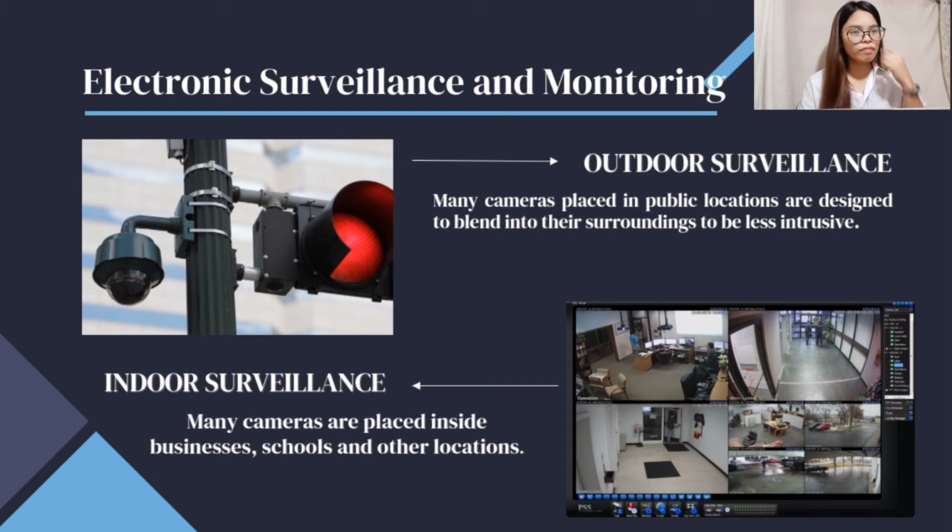Next is indoor surveillance. These cameras are placed inside businesses, schools, and other locations. As you can see in the picture, there is one in the hallway, at the exit, and in the faculty room perhaps. Usually, during earthquakes, you can see the objects falling.